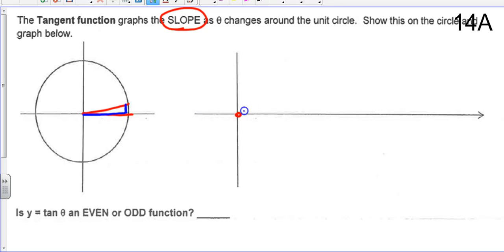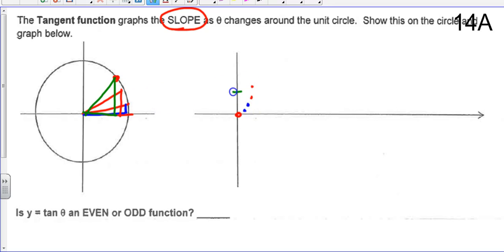Less than 1. Okay? As you go further around, is that still have a slope of less than 1? Where does it finally hit 1? Some of you got it. At 45, isn't the rise and the run both the same on that 45? Okay?